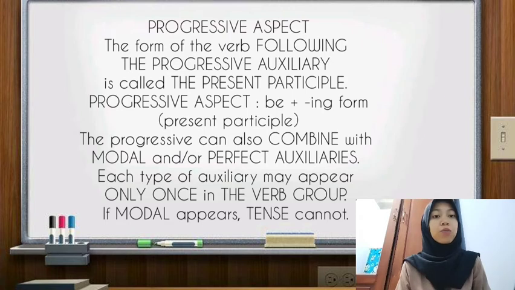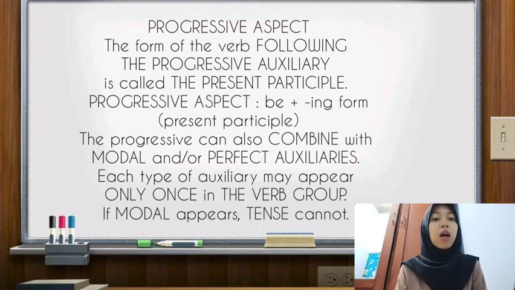Present tense plus perfect plus progressive plus verb. The example, James has been giving the girl a chocolate. And modal plus perfect plus progressive plus verb. The example is James may have been giving the girl a chocolate.